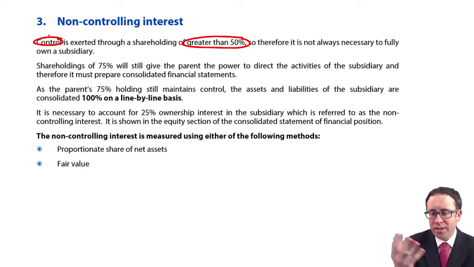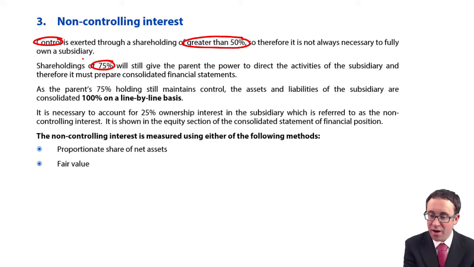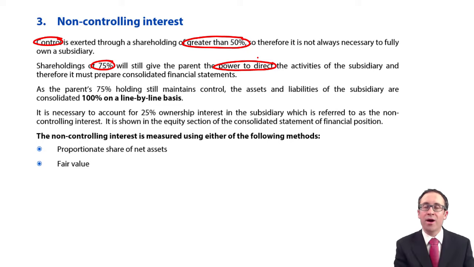However, in the previous examples, we saw 100%, and we consolidated the assets and the liabilities 100% on a line-by-line basis. But that's where you need to be careful, because if you still have 75%, you still have greater than 50, so therefore have control and the power to direct the activities. So you have a parent, a subsidiary, a group scenario, and therefore must prepare the consolidated financial statements.